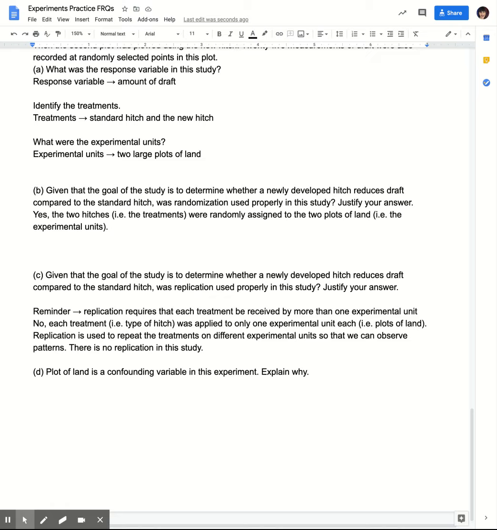Okay, so the way that I would talk about this is you want to include in your explanation how plot of land could affect the outcome of the experiment. Okay, right?